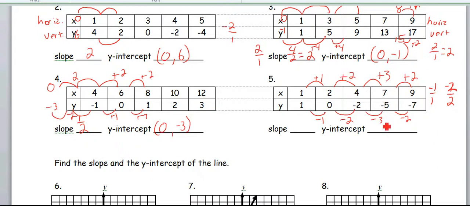And then if we check, negative 3 divided by positive 3 is negative 1. So our slope is negative 1. So that means for this to be 0, 2, 1, 0, we would go 0, 1, 2. So our y-intercept would be 0, 2.